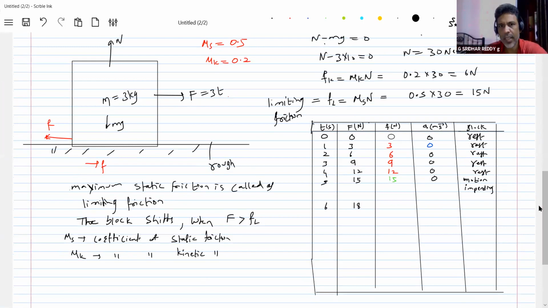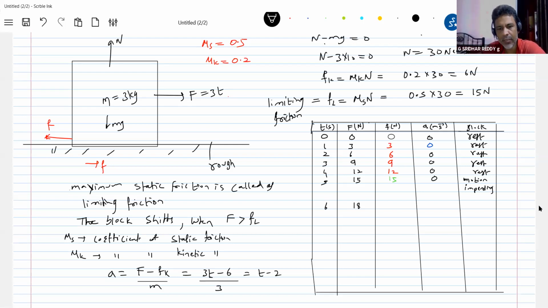now what is the expression for acceleration? Acceleration is equal to (F minus Fk) by m. What is the applied force? It will be 3t. What is the kinetic friction? 6. What is the mass of the block? 3. So this will become t minus 2. We put acceleration.